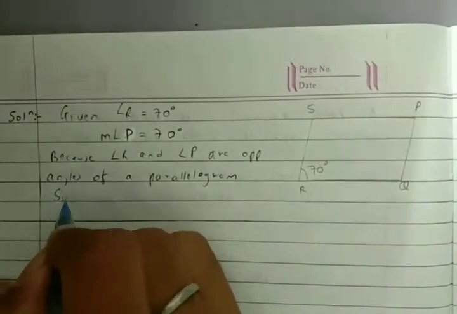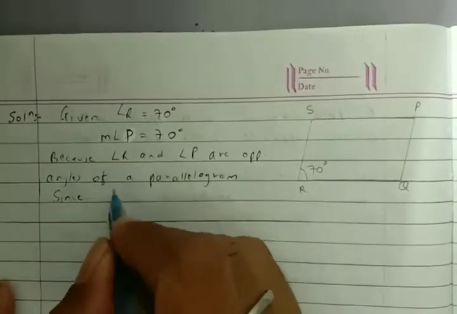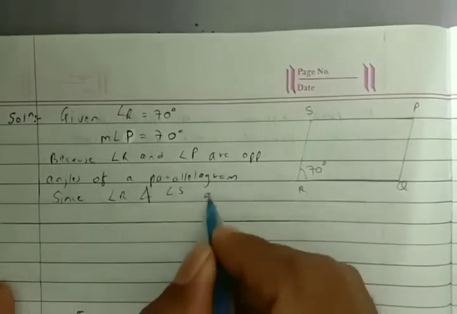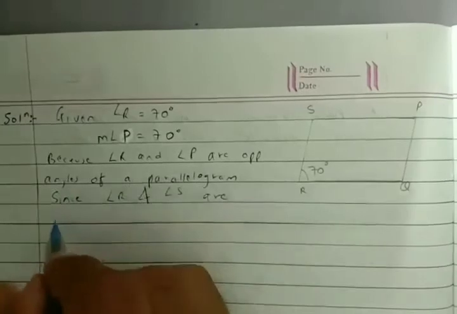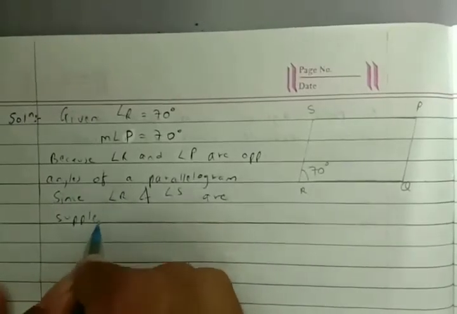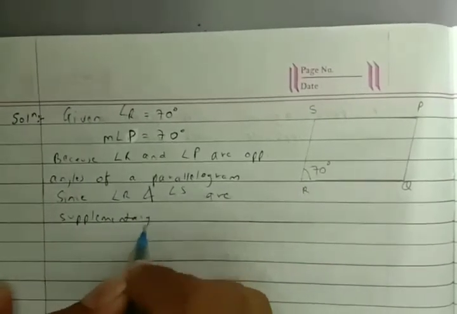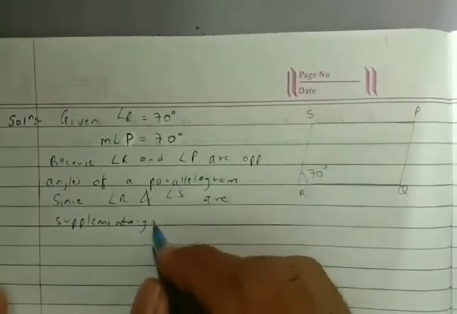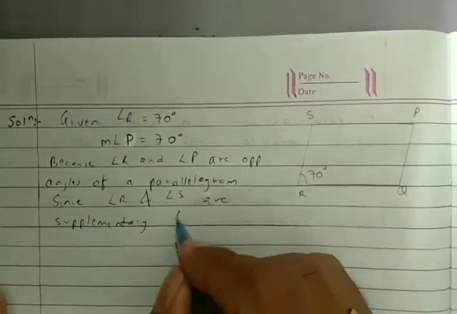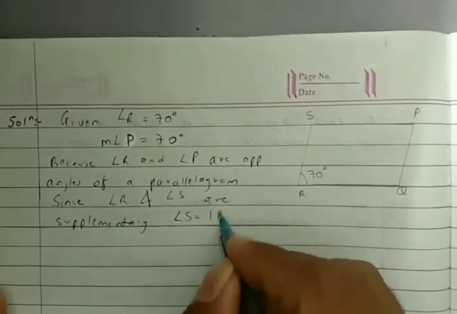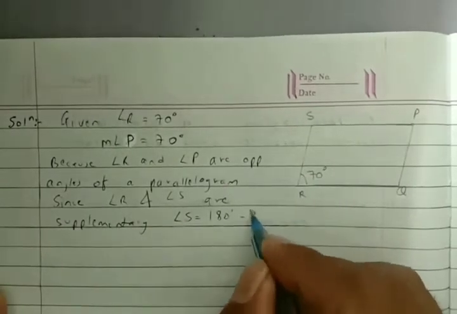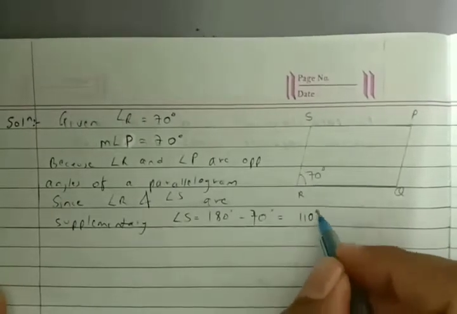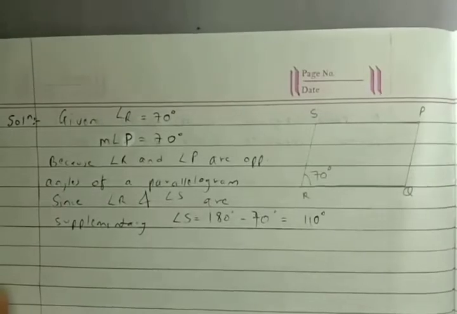Now, since angle R and angle S are supplementary, right? R and S are supplementary. Angle S will be 180 degrees minus 70 degrees. So angle S will be 110 degrees, right?